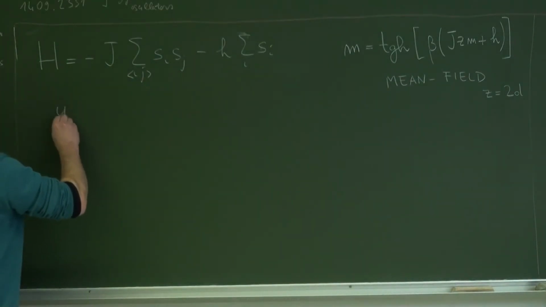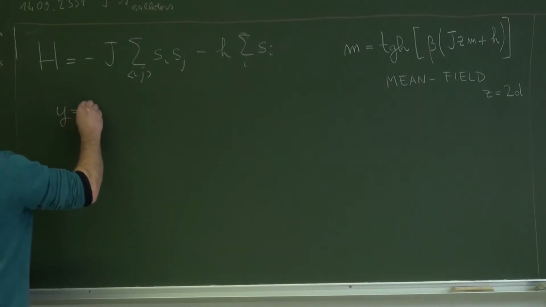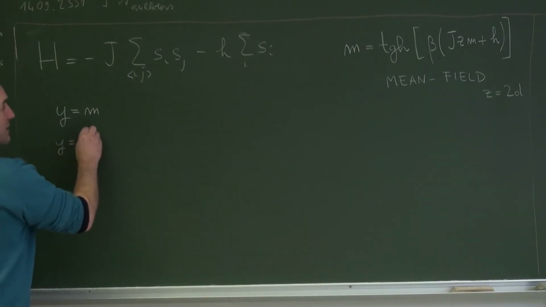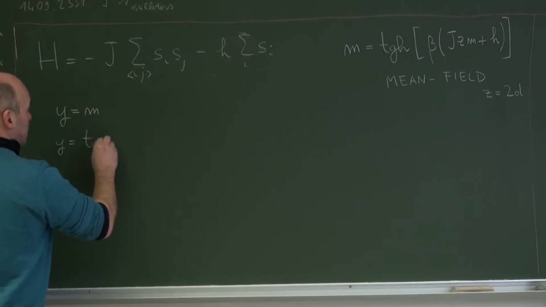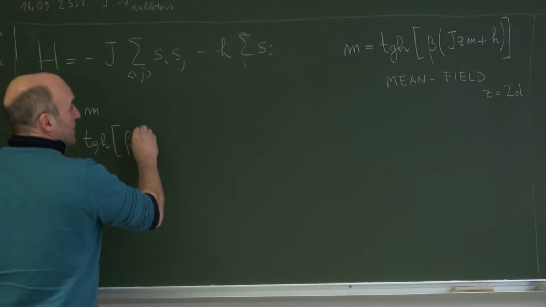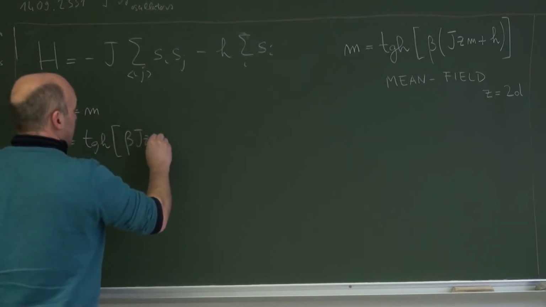The physics of this problem is relatively easy. Let's introduce a new variable y, and we write y is equal to m and y is equal to hyperbolic tangent of beta j z m.